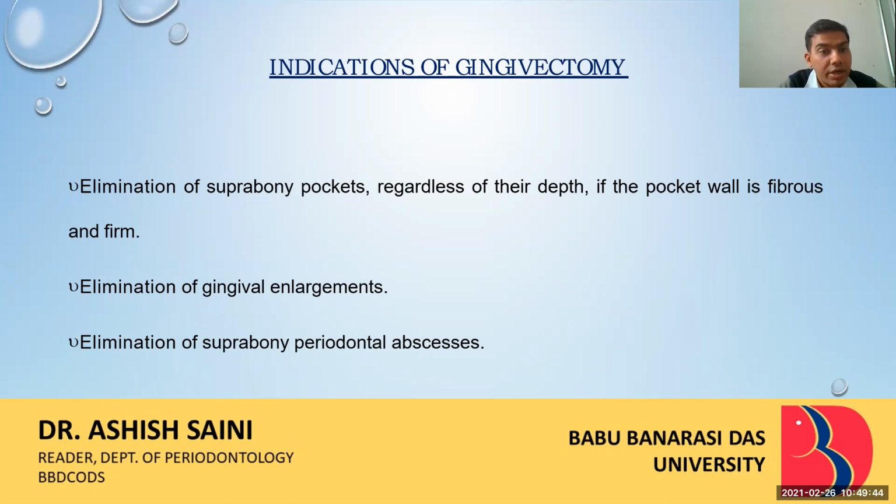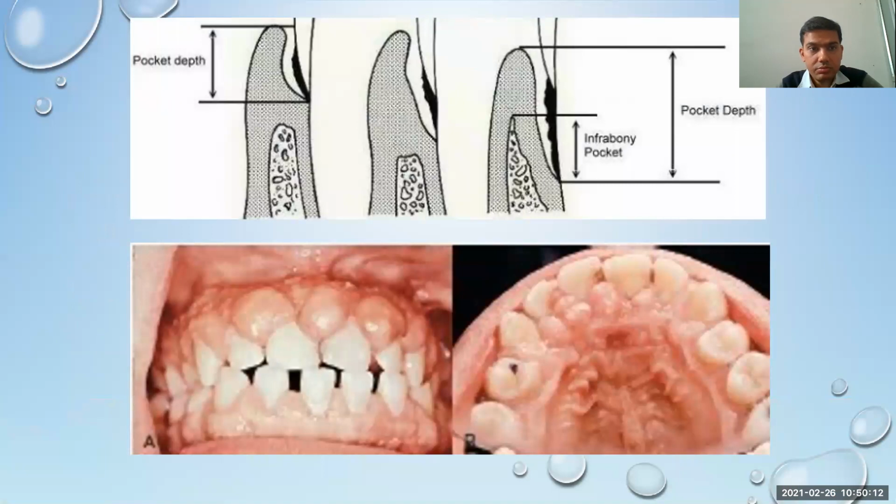The second indication is elimination of gingival enlargements, and then elimination of suprabony periodontal abscess. This applies to all types of gingival enlargements, like drug-induced gingival enlargements, hereditary gingival enlargements, or idiopathic gingival fibromatosis, or even after the inflammatory component of the pocket has subsided, if enlargement is still present, then we go in for this gingivectomy procedure.